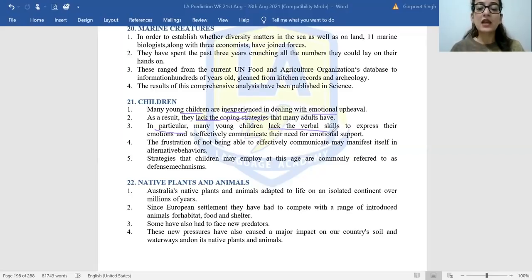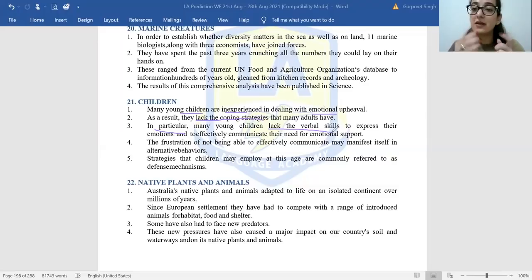Now, when they say lack the coping strategies, it's a very, very broad term. Coping strategies can be thousands of strategies. So once we say they lack coping strategies, and then we give one example of what in particular they lack, this tells us that this "as a result" has to come first because it's a broader sentence.